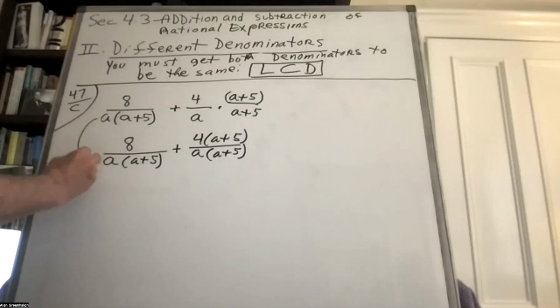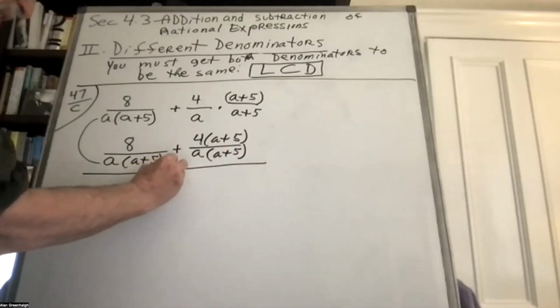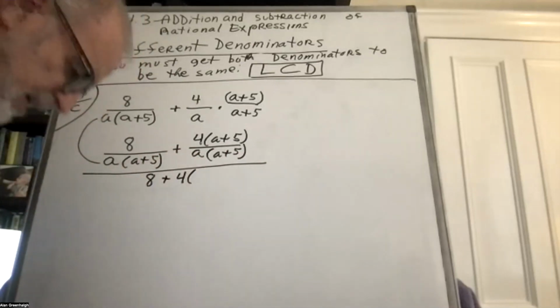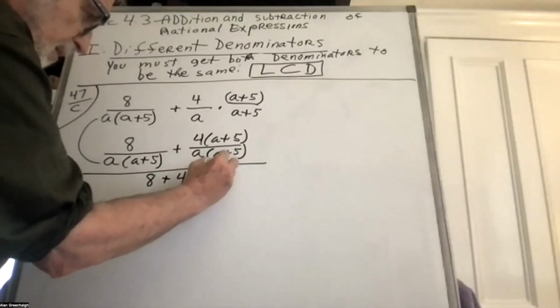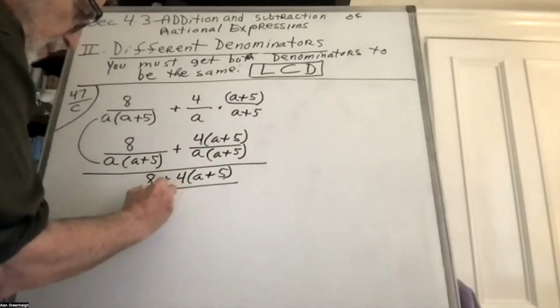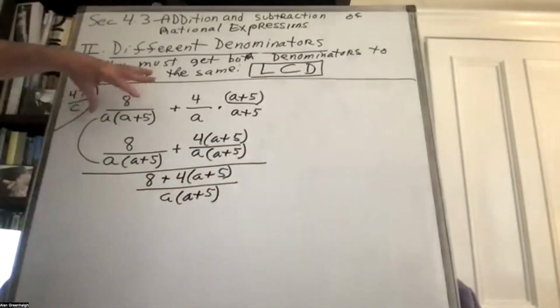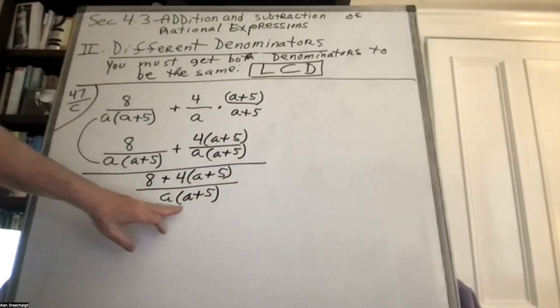Okay, now let's combine 8 plus 4, and you can actually start multiplying. Well, let's not. Let's go slowly, one step at a time. This is where we are now. We've now put the two denominators together, so we only have one.